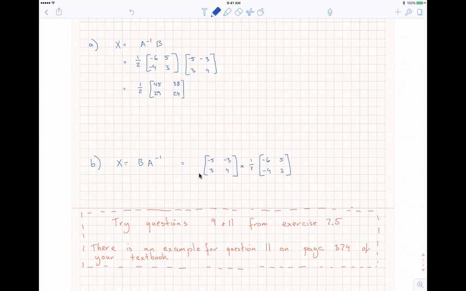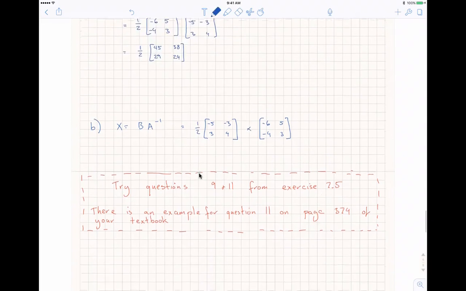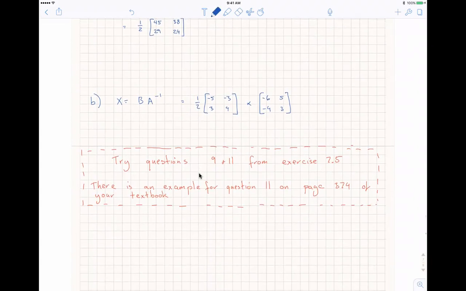You can just take the half straight out the front. Then you can multiply those matrices again using CAS. And that time, if you did that correctly, you should find that that is equal to 1/2, 42 minus 34.